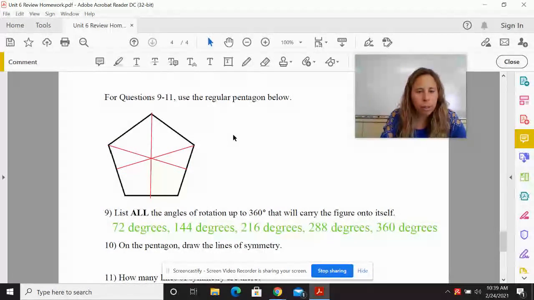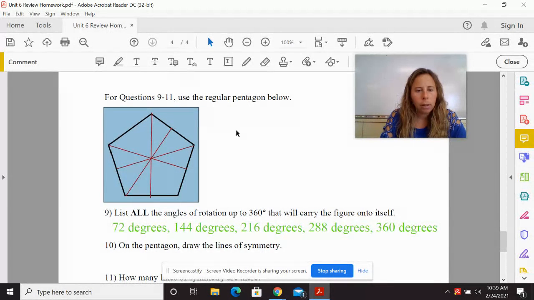So that's 3 so far. We should have 2 more. Middle of the side to the opposite vertex. Oh, that one was a little bit off. Let's see if I can fix it. There we go. Okay, and then that's 4.